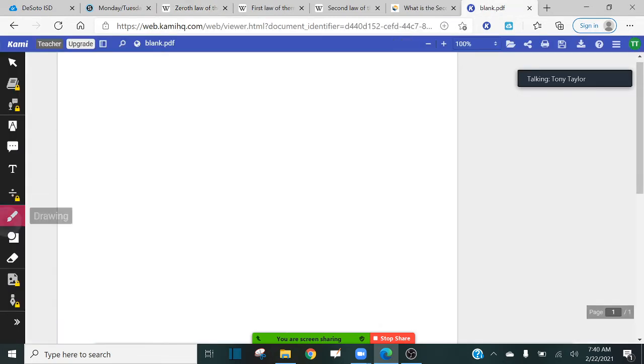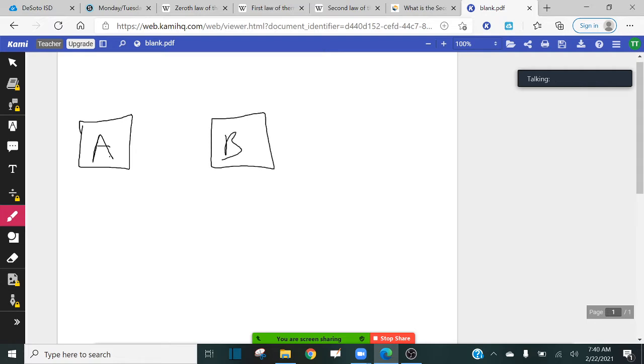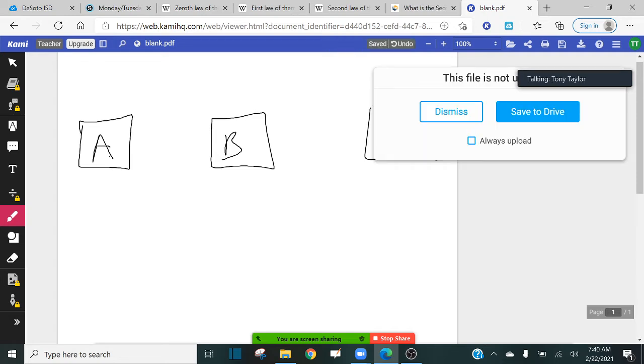if you have three substances, so let's say I have a substance labeled A, a substance labeled B, and a substance labeled C. Imagine that all three of these substances have a certain temperature.